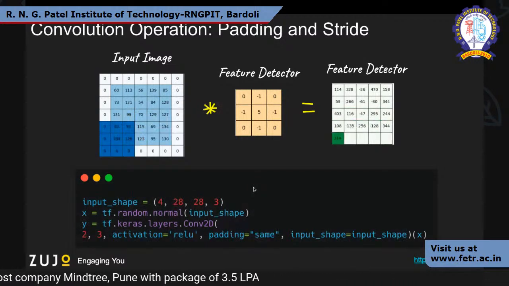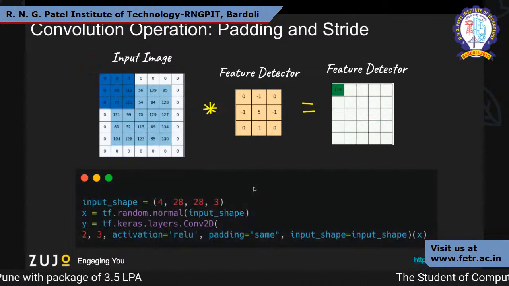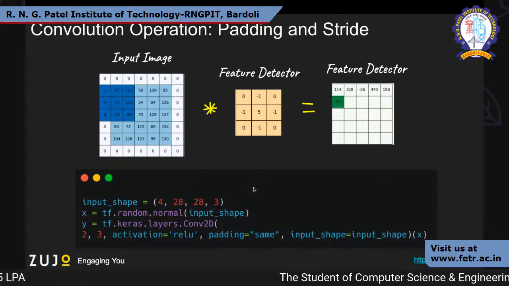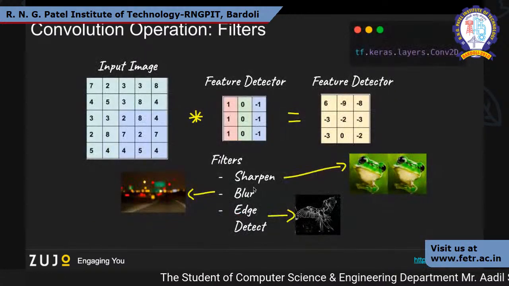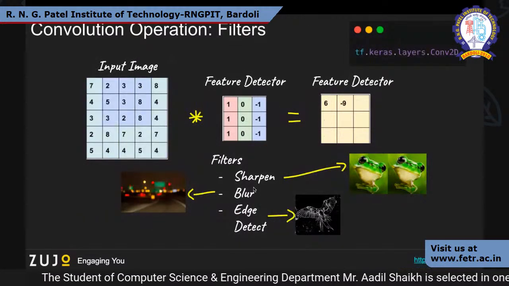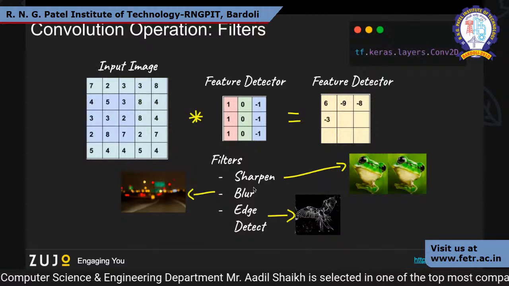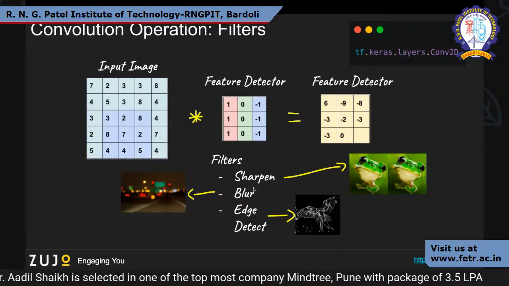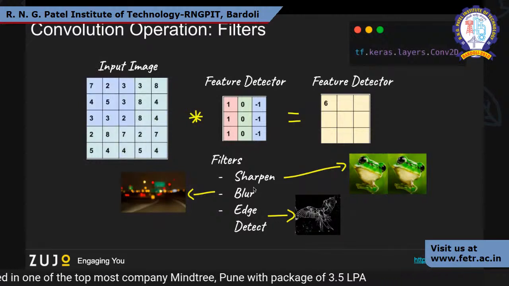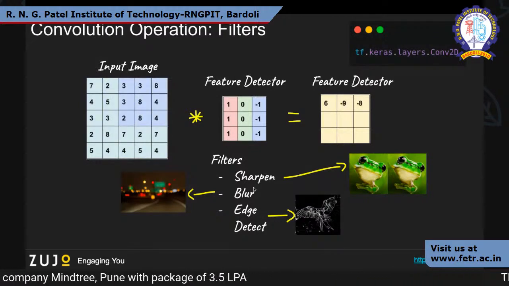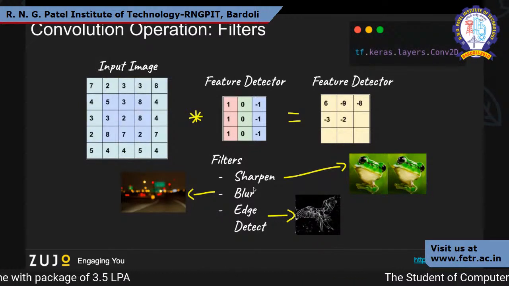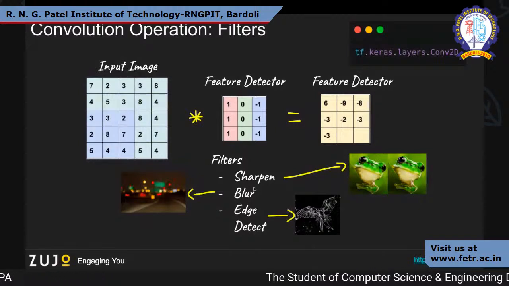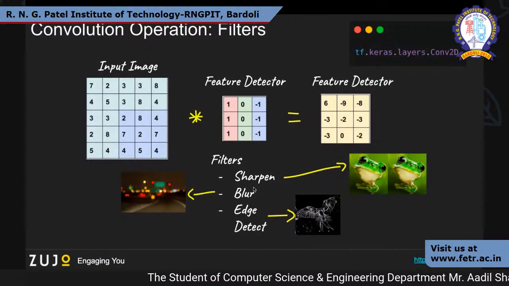There are two more features with the convolutional neural network as well, which are padding and stride, right? Now, the problem with the simple feature detector is that sometimes the values at the corner of the image might be compressed into many parts.